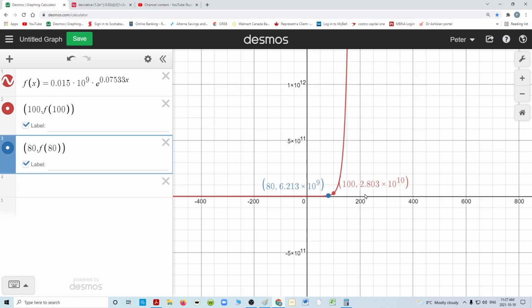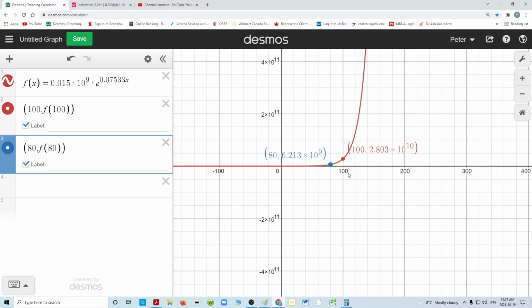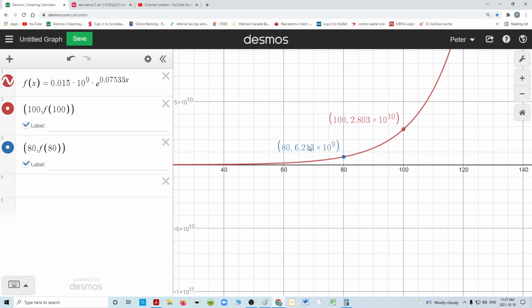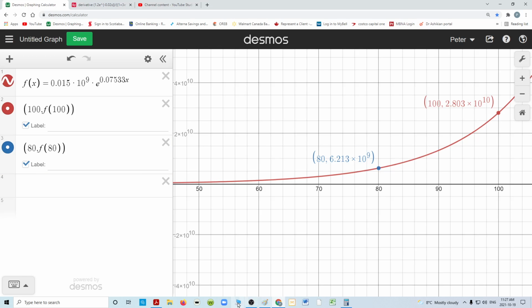Get rid of the future here. So you can see that it's 6.2 times $1 billion. So $6 billion. And here it's $28 billion, which is a growth rate of about 4.5 times as much. So this is 4.5 times as much revenue as the 80.